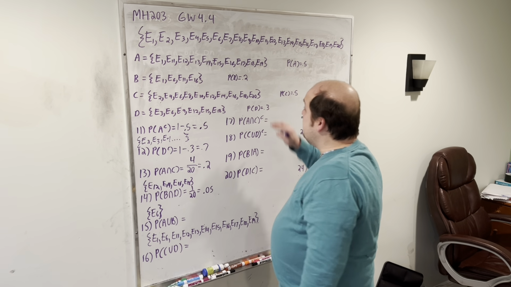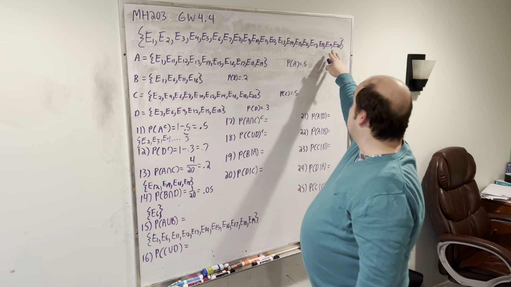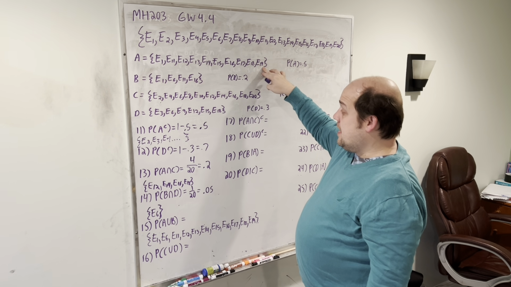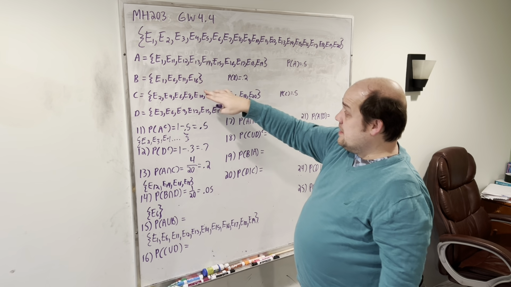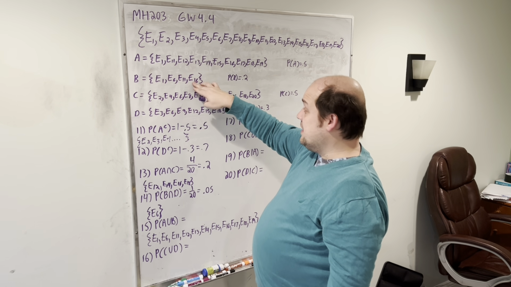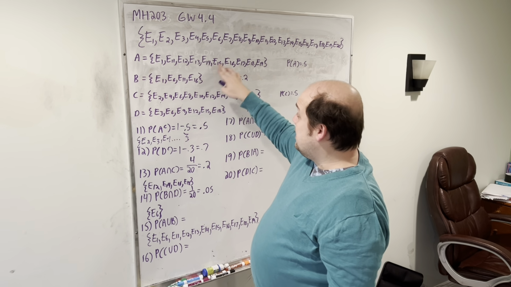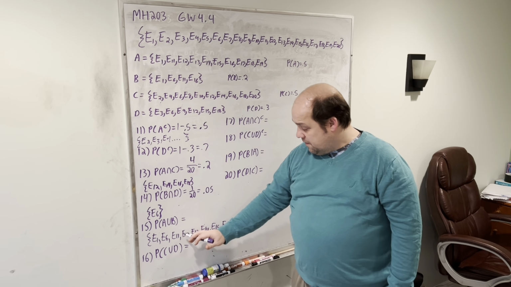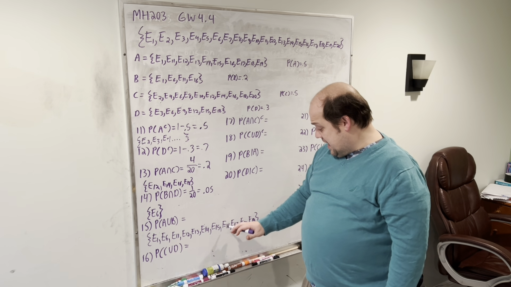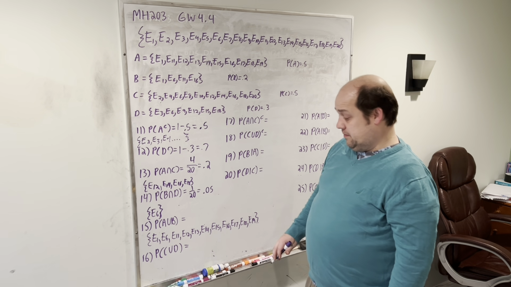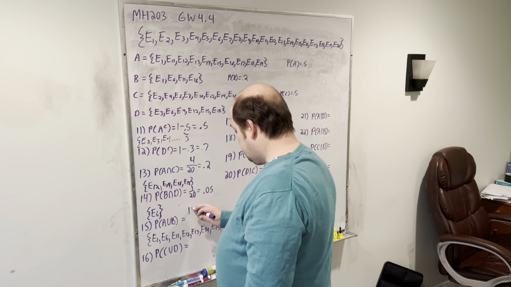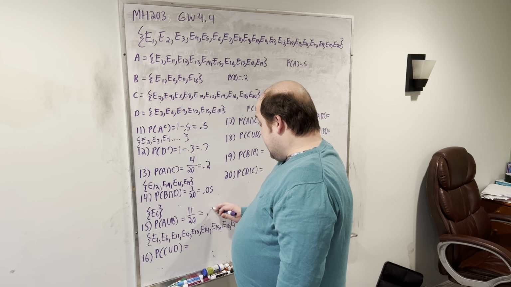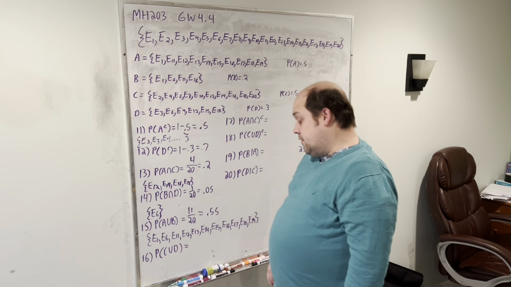Notice that set A doesn't have E20. It's easy to think that you're going to the end of the sample space, but you're not. You're stopping there at 19. Again, I do know that set B also had this E16, but we don't need to double count it. So we have a total of 1, 2, 3, 4, 5, 6, 7, 8, 9, 10, 11. Out of the 20 total, which as a decimal would be 0.55.